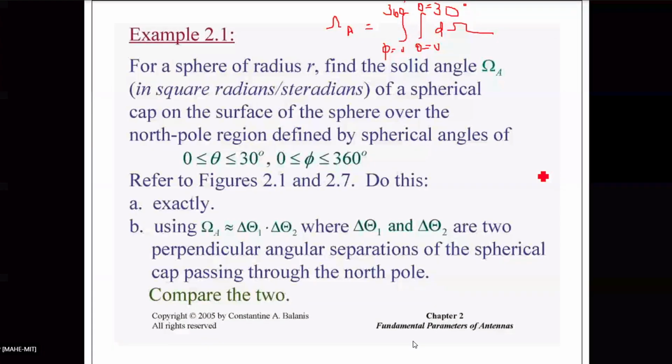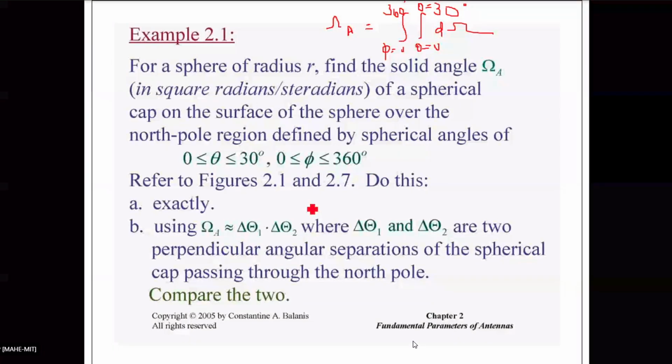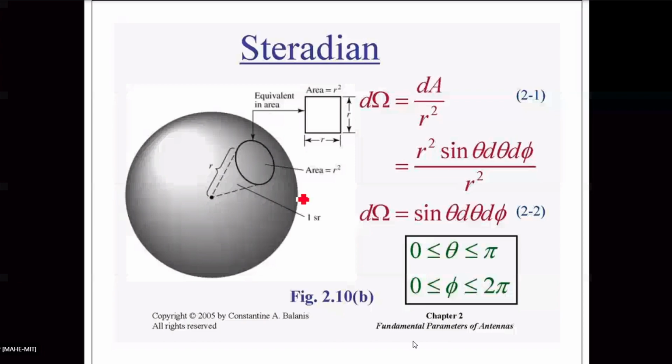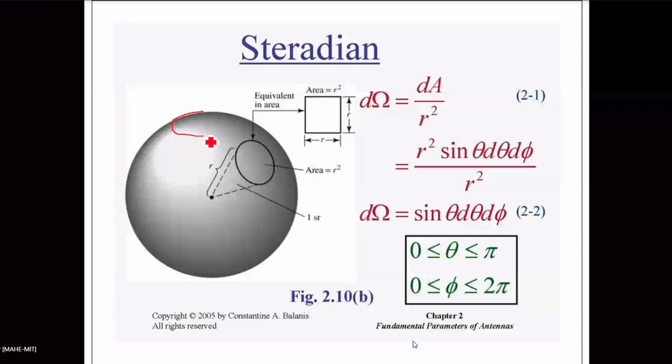Second method. See, he has given a pattern. There is a lobe in the theta direction, a spherical cap in the theta direction. There is a diagram here.